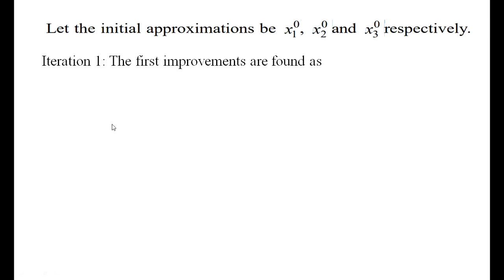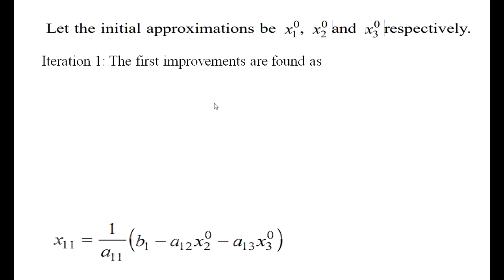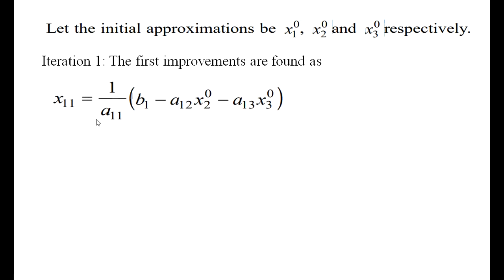Let the initial approximations be x1(0), x2(0) and x3(0) respectively. For the first iteration, the x1(1) value is 1 upon a11 in bracket b1 minus a12 x2(0) minus a13 x3(0).